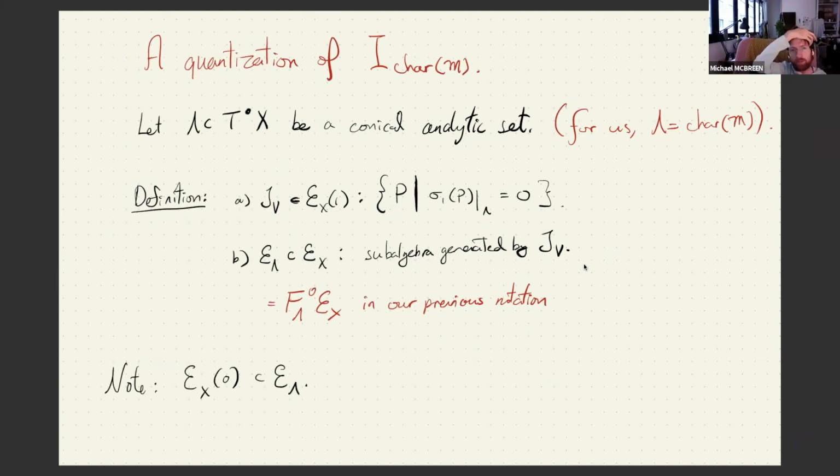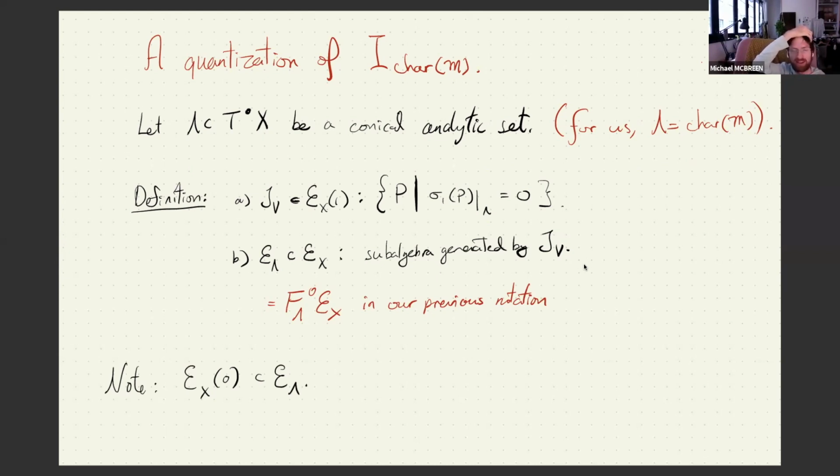Now, we're going to generalize slightly what we already did in the case of a smooth conic Lagrangian. Here we allow lambda to be singular. For instance, it could be the characteristic variety of our EX module in our application. And we define the quantized ideal of lambda.